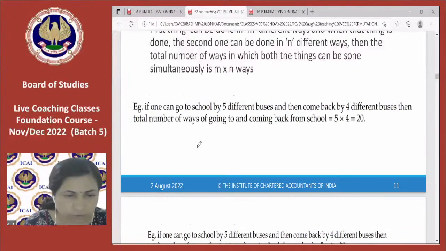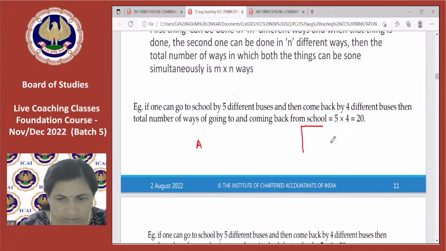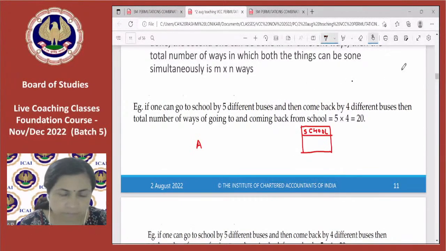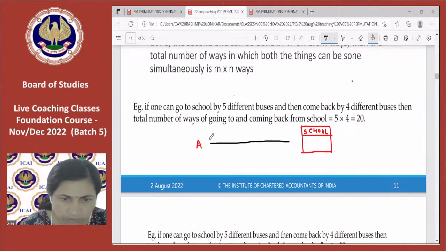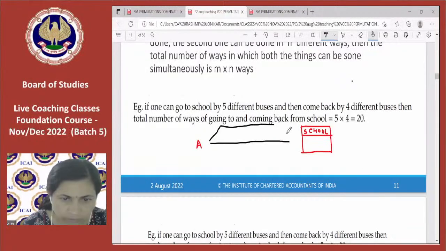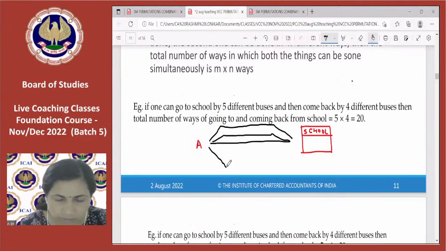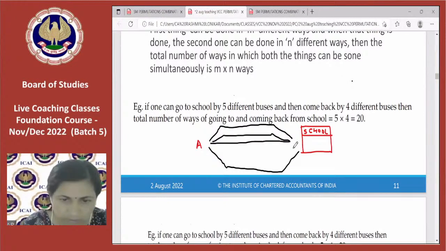Now, suppose A is standing over here and his school is here. There is this one road, this another road, another road, this one road.